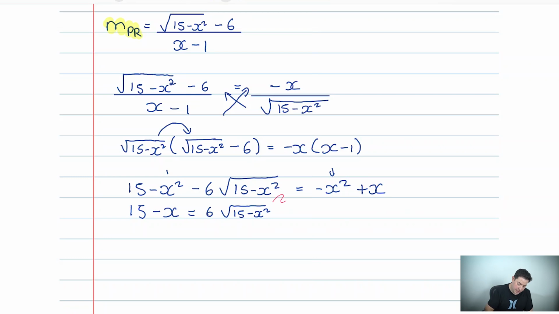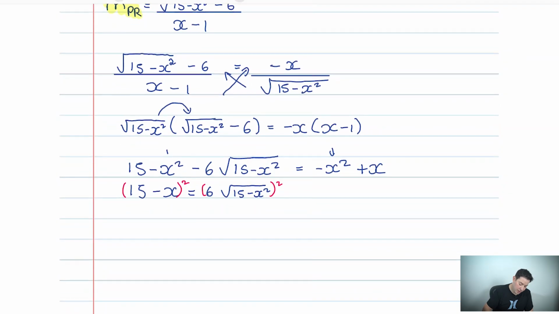For surd equations, all we do is square both sides, now that we've got the surd isolated. We're going to get 225, which is 15 squared. Don't forget your middle term, multiply and times by 2, so that becomes minus 30x plus x squared, equals, you're squaring the entire bracket, so don't forget you have to square the 6, 36 into 15 minus x squared.